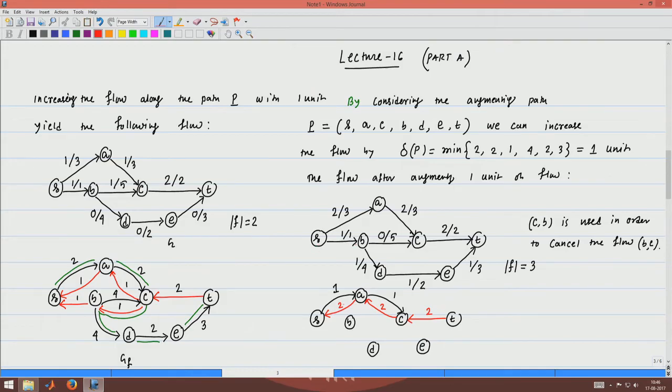For SB there is no forward edge, there is a backward edge of capacity 1. For BC there is a forward edge only of capacity 5.